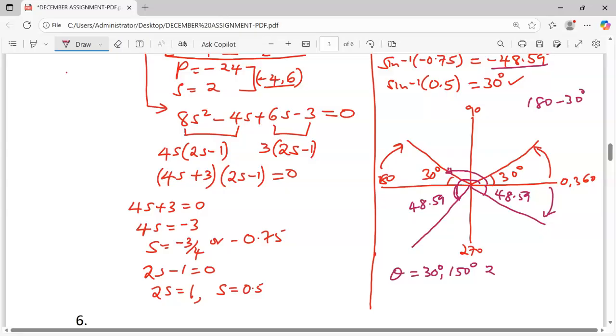This one is going to give us 228.59 degrees. We are also going to get the angle in the fourth quadrant by simply taking 360 minus 48.59, giving us 311.41 degrees.